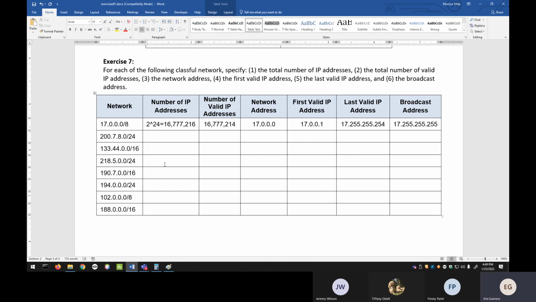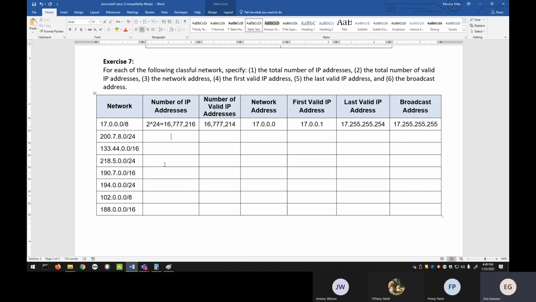So what is the first step to answer this question? We need to determine how many bits belong to the host part. So how many bits belong to the host part? 8 bits, correct. 24 bits belong to the network part, and 32 minus 24 is 8. So 8 bits belong to the host part.